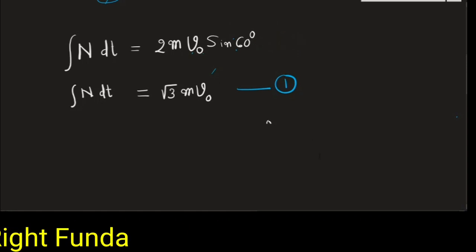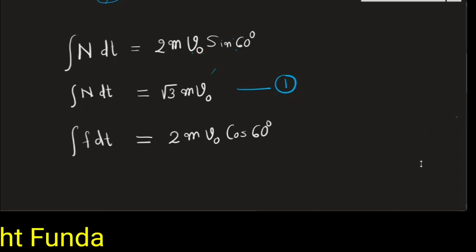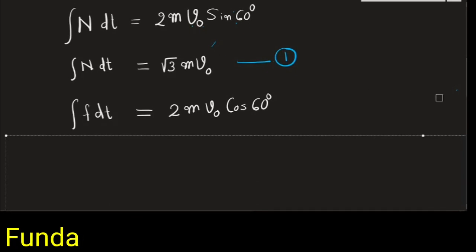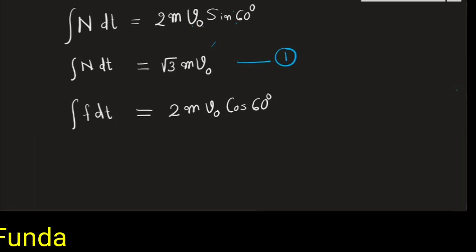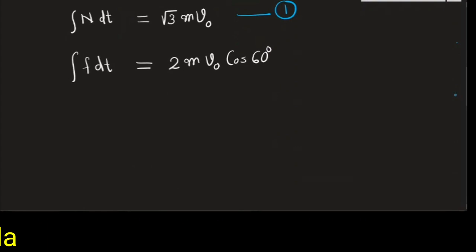The friction force is also producing some impulse. The integral of f dt, the friction impulse, is equal to the change in momentum, 2 m v naught cos 60, because the velocity was making a 60-degree angle with the horizontal. The change in momentum is equal to 2 m v naught cos 60, and cos 60 is equal to half.